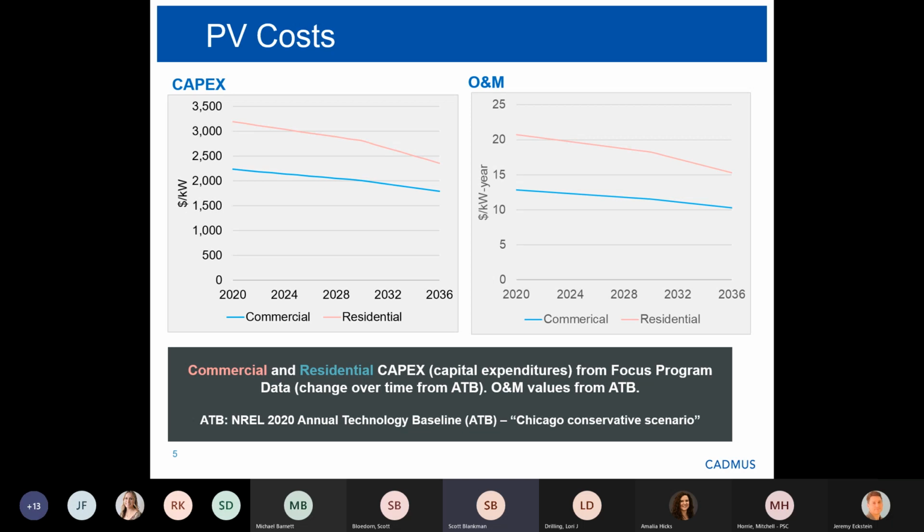I also know that some utilities have communicated to investors that they're targeting rate increases of 1 to 2% per year. So it might be helpful to triangulate how that EIA data matches up with Wisconsin-specific data, to the extent that it can influence the underlying results from the modeling.